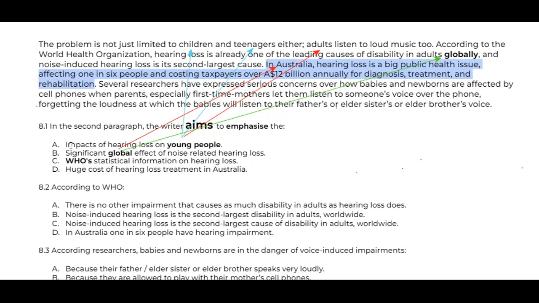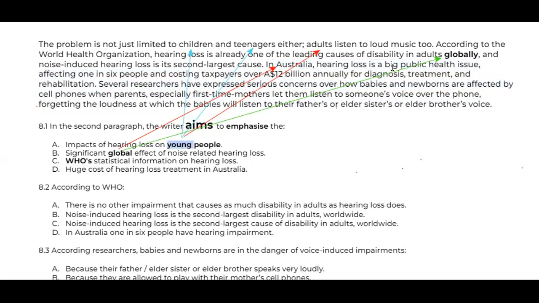And if you look at this one, several researchers have expressed serious concerns over how babies and newborns, look at this one, babies and newborns, the whole three lines are about babies. So look at the first one, A, impact of hearing loss on young people. Babies, children, up to adults, they are all young people.